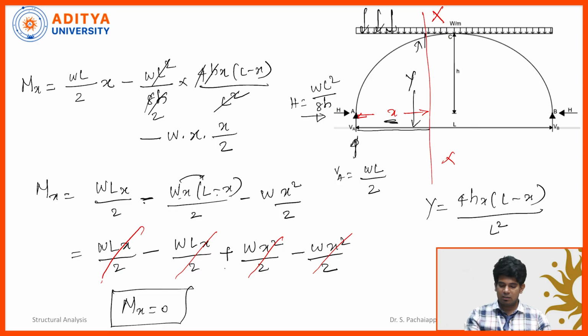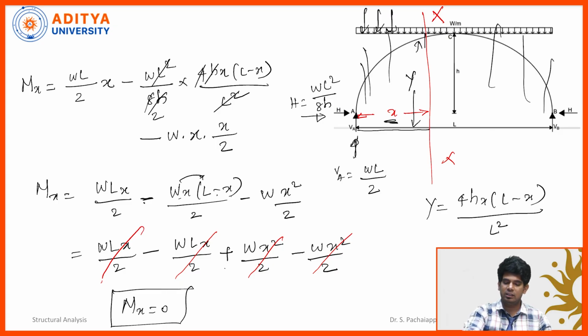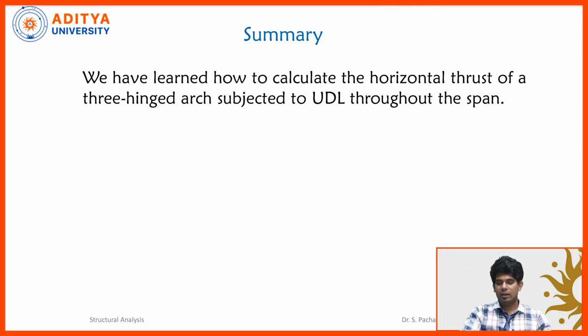So that is the advantage of three-hinged arches. If you take anywhere across the section, we are going to get the bending moment value as 0. So in this problem, we have calculated the horizontal thrust, and also we know how to calculate the bending moment anywhere across the arch.